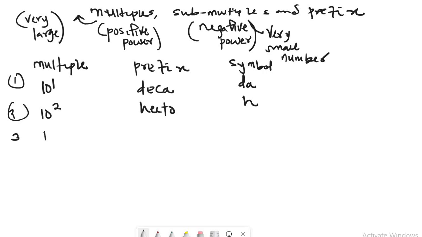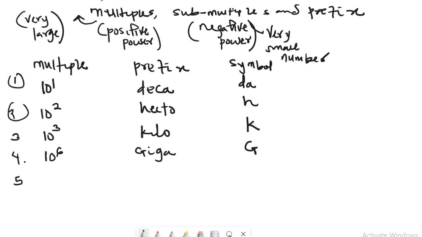Number 3, 10 raised to power 3, you're familiar with that. That's kilo, capital letter K. Number 4, maybe 10 raised to power 6, you're also familiar with that. The one you call giga, capital letter G.